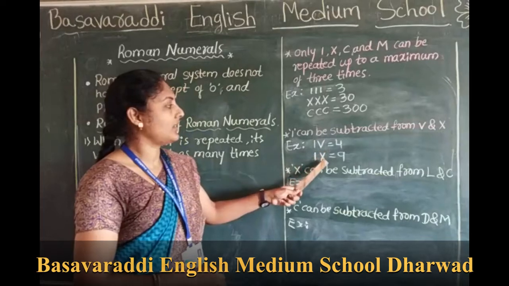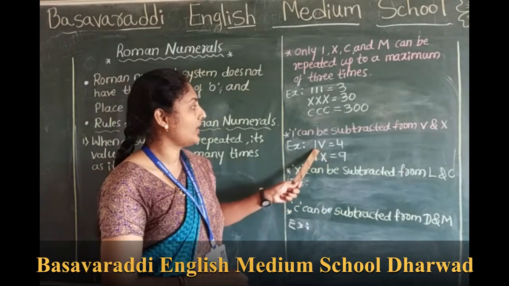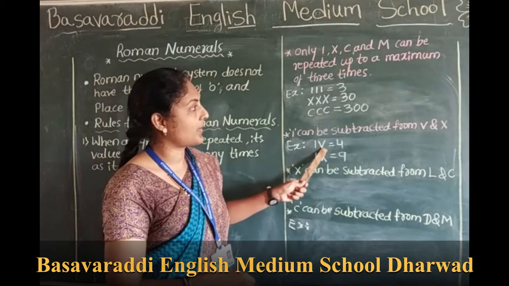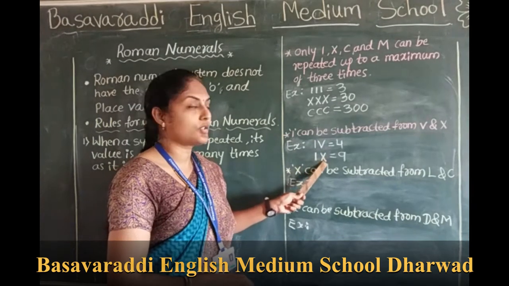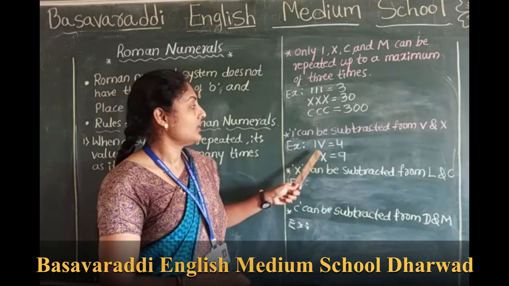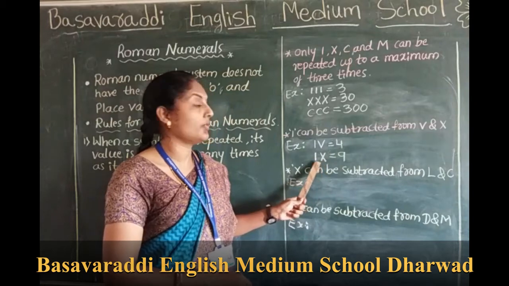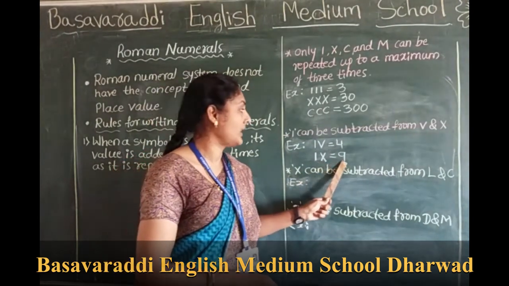So V and X are only subtracted by 1. I can be subtracted from V and X only. So IV is equal to 4. IX, the value of the IX is equal to 9.